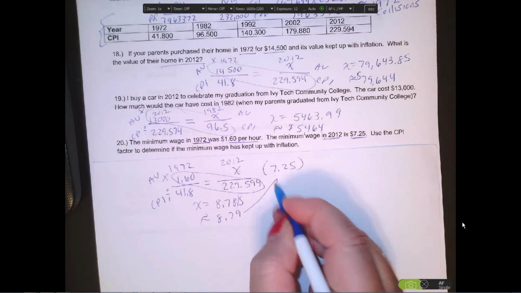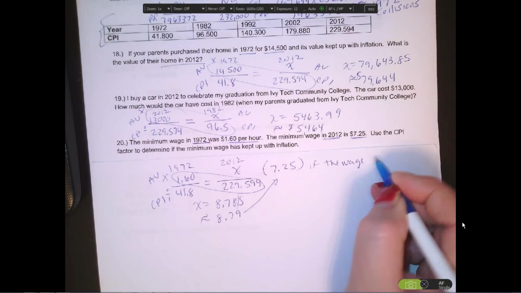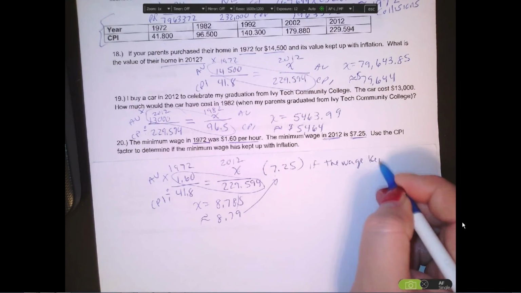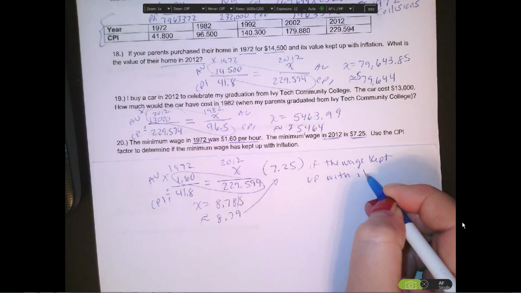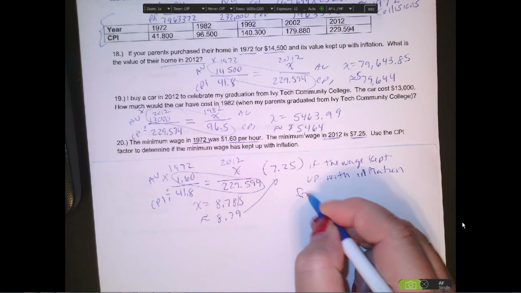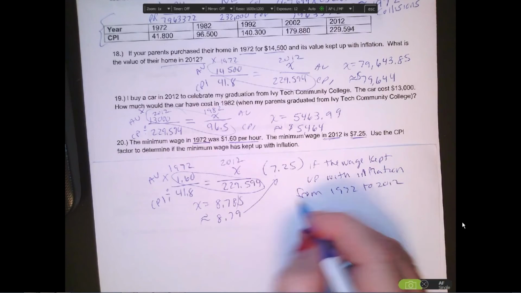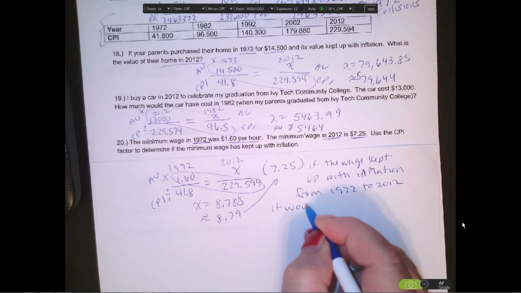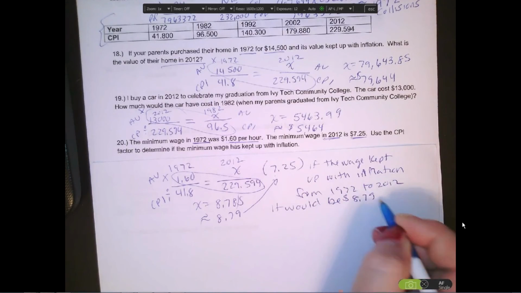So now we compare. If the wage kept up with inflation from 1972 to 2012, it would be $8.79.